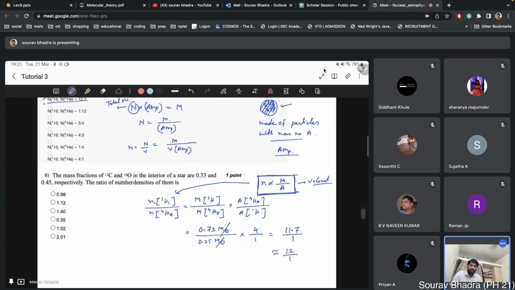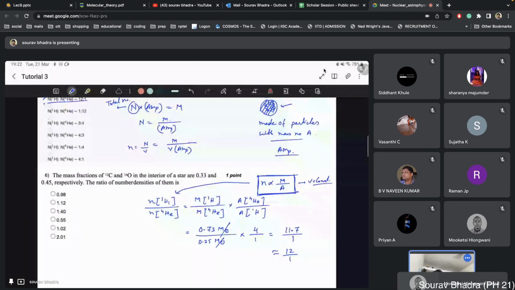Now the same type of question I have taken from another assignment, where instead of hydrogen and helium it is given in terms of carbon and oxygen, and you are asked to calculate the number density ratio of carbon and oxygen.